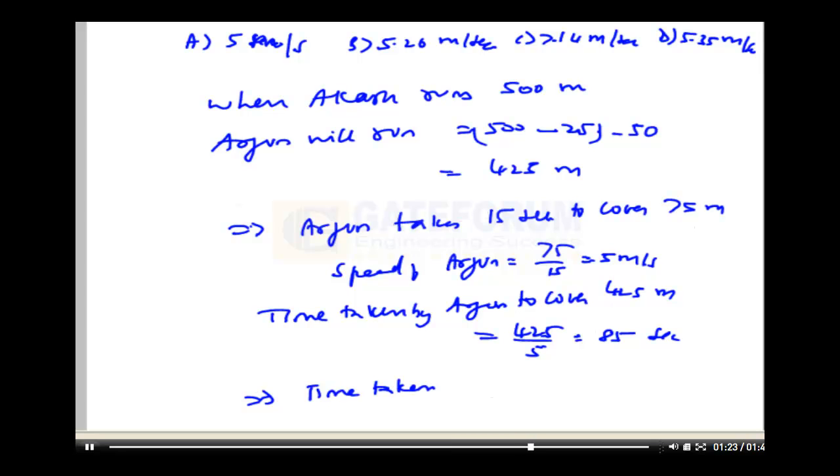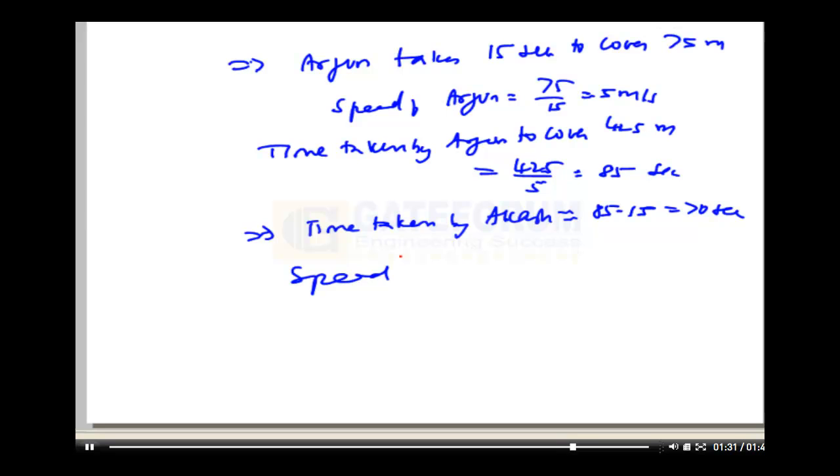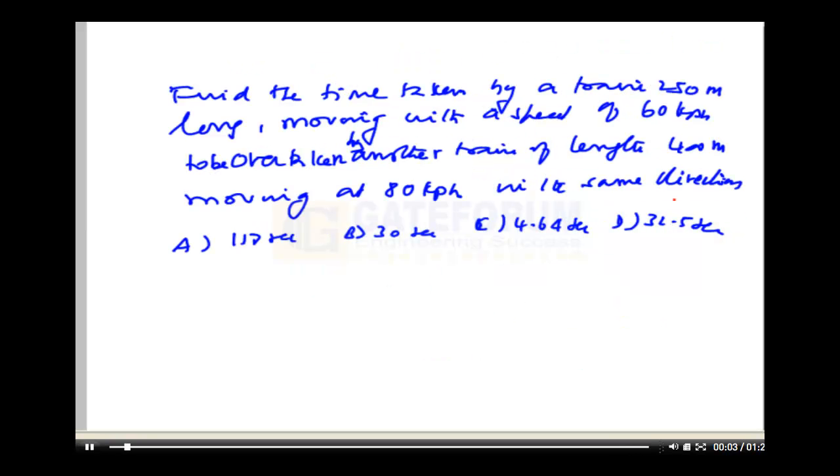That gets us the time taken by Akash. He takes 15 seconds less, so that is 70 seconds. That gets the speed of Akash. He's covering 500 meters in 70 seconds. The speed is 7.14 meters per second.